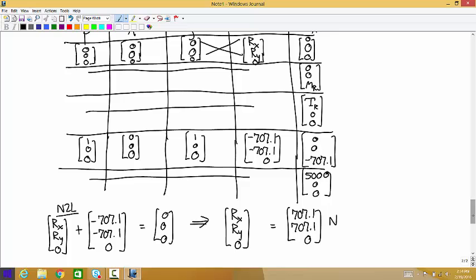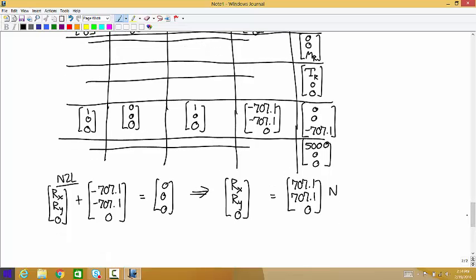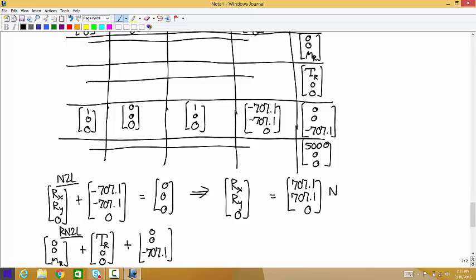And then the moment equation says 0, 0, MR plus TR, 0, 0 plus 0, 0, negative 707.1 plus 5,000, 0, 0 is equal to zeros.